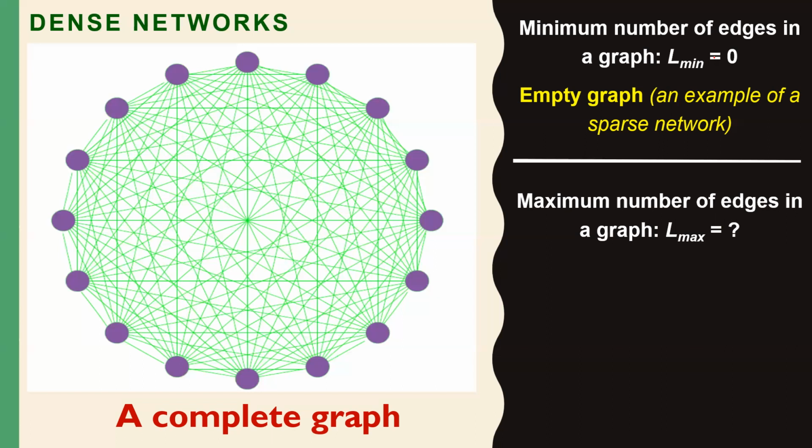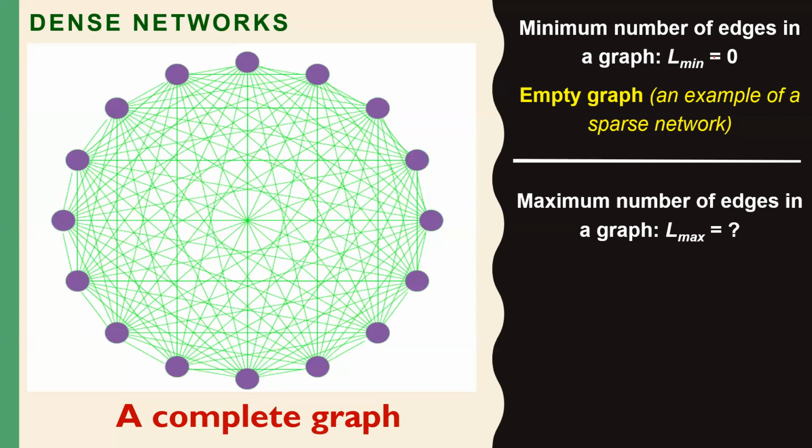The maximum number will be attained if a vertex is connected to all of the other vertices, right? That's what we call in graph theory a complete graph, where a vertex is adjacent, or connected by an edge, to all other vertices in the graph. So anyone who remembers the formula to count? Can we use combination? Yeah, you can use combination.